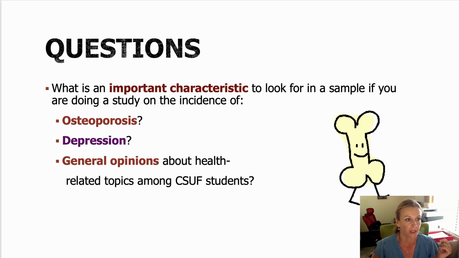All right, so what is an important characteristic to look for in a sample if you're doing a study on the incidence of osteoporosis? Well, what do we know about osteoporosis? Mostly female, right? So you're looking at an advanced age. You're not really going to see a 20-year-old suffering from osteoporosis. Most likely female.